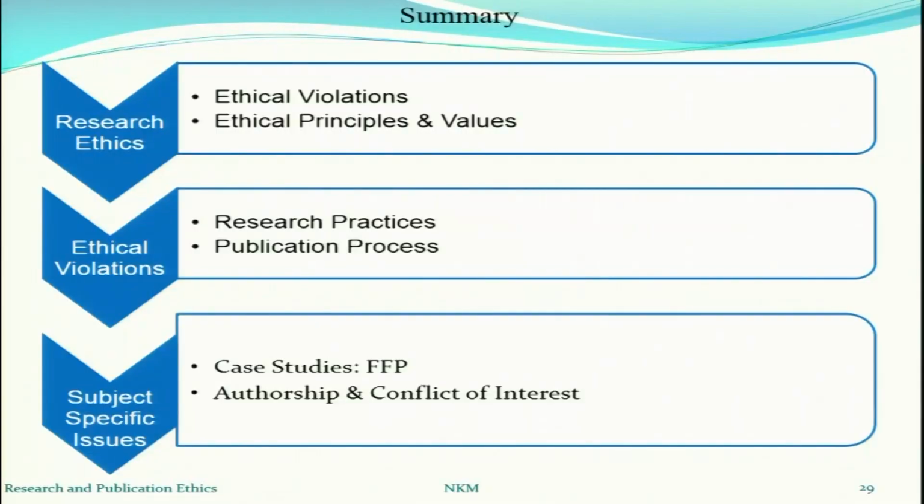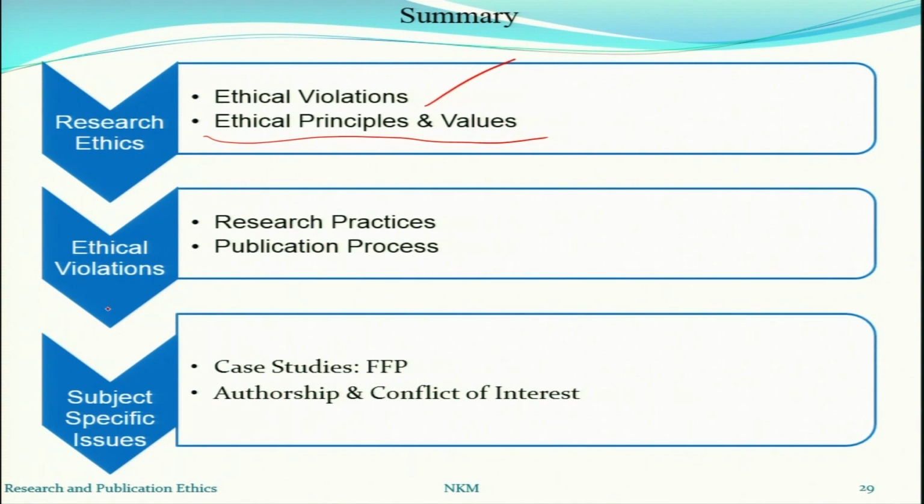So let's try to understand what we have discussed in this lecture. We tried to understand the idea of the research community, the idea of research ethics, and the idea of ethical violations. We talked about ethical principles and values like integrity, honesty, beneficence, non-maleficence, and justice.